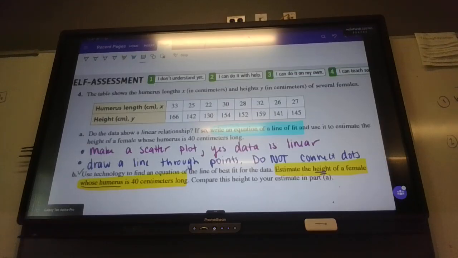So I got my humerus bone in centimeters. It goes from the littlest value of 22 up to 33. So I'm going to put a break in my x-axis, a little boop, boop, like that, and then I'm going to start at 20.